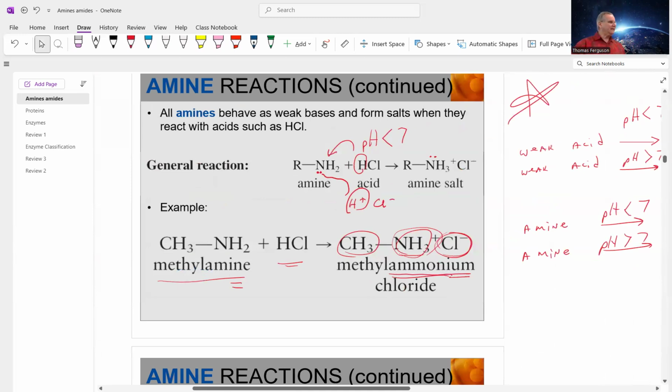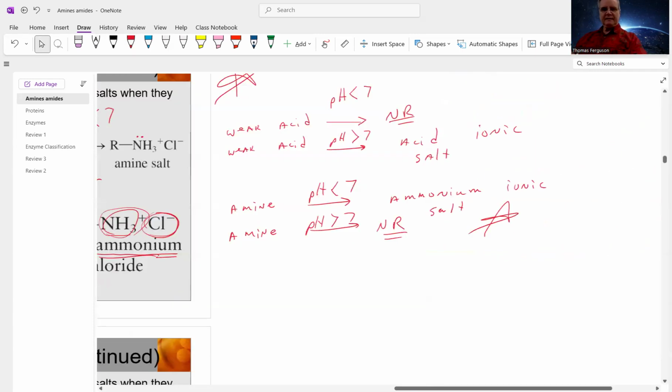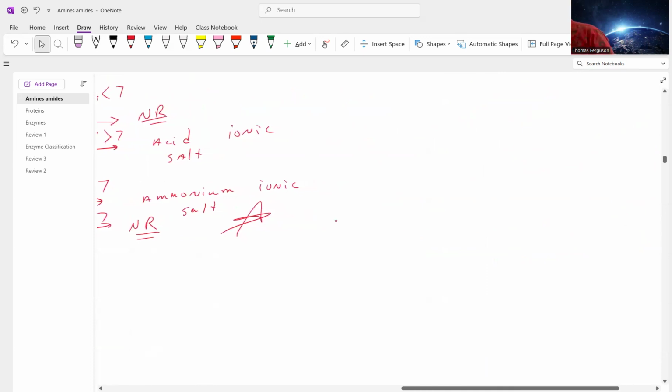You have a pH that's negative. Actually, when you have a pH less than 7, it's acidic. What happens is the H plus bonds with the nitrogen. And we end up with H from the acid.